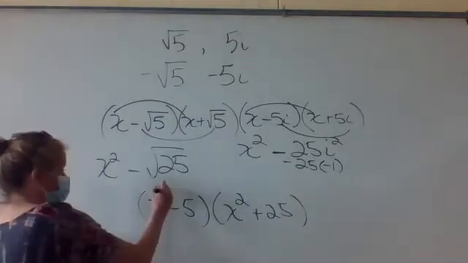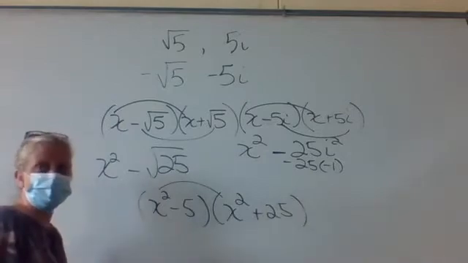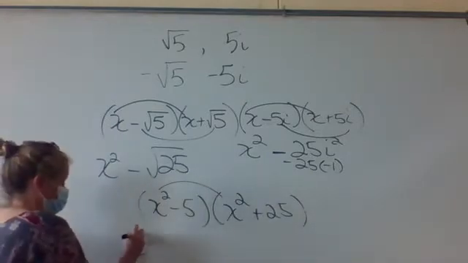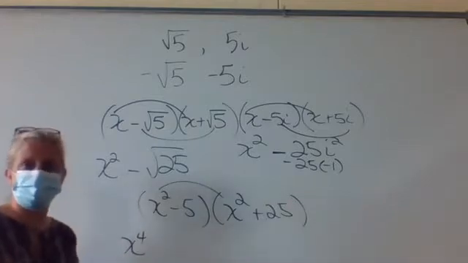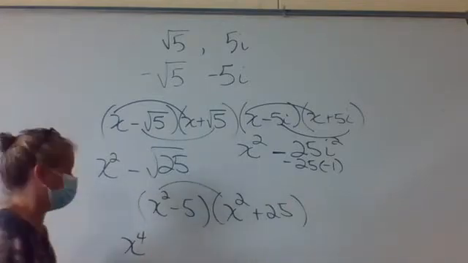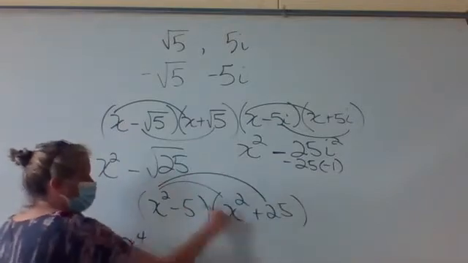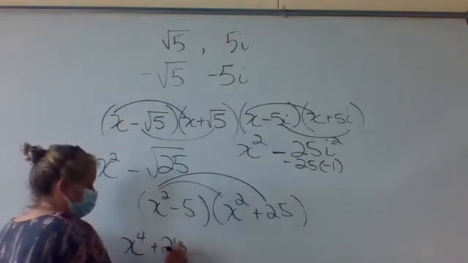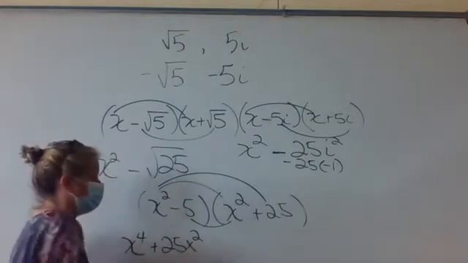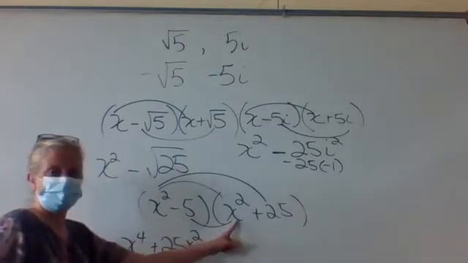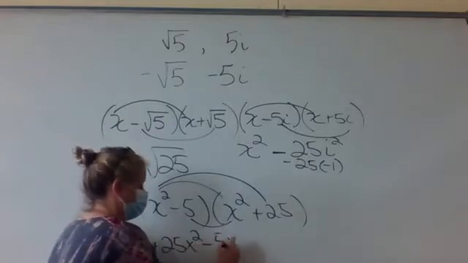Then FOIL that. x squared times x squared gives me x to the 4th. I do have to do the whole FOIL here, right? Because those are not conjugates of each other. So my outer, x squared times positive 25, is 25x squared. My inner, negative 5x squared.